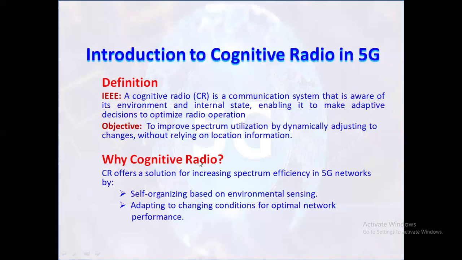Cognitive radio's importance lies in its ability to increase spectrum efficiency in 5G networks by dynamically organizing and adapting to conditions based on real-time environmental sensing. This adaptability enables cognitive radio to respond to changes in network demand and interference, ensuring optimal performance even as conditions shift.